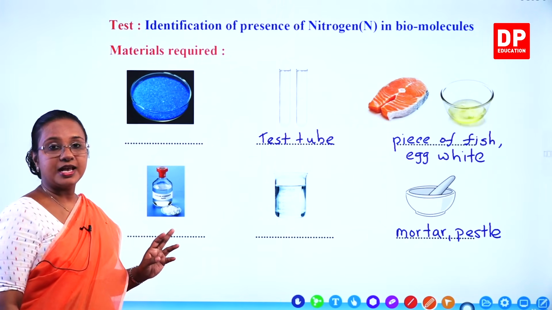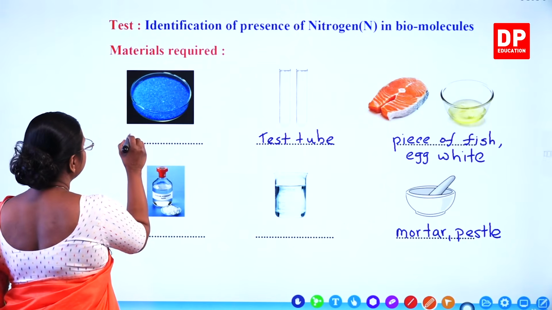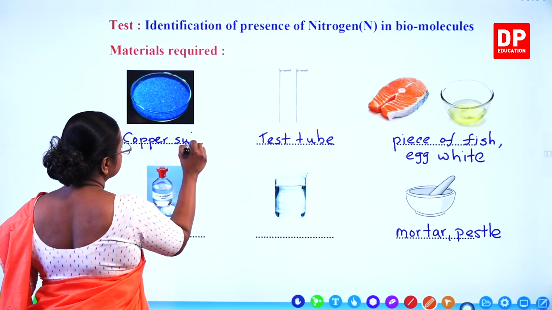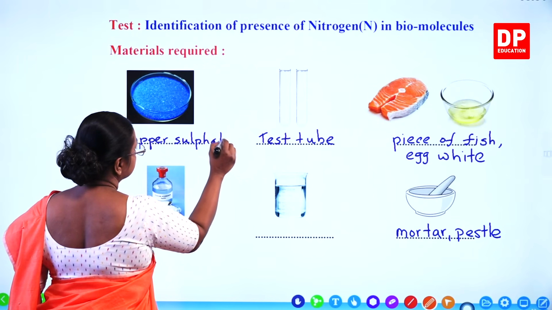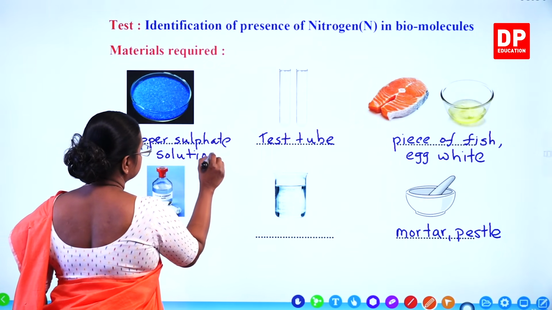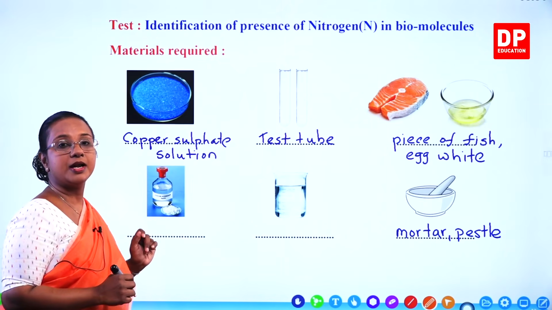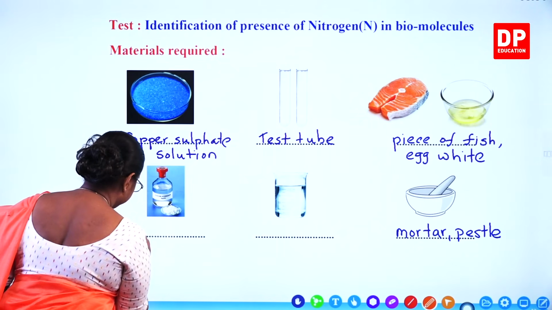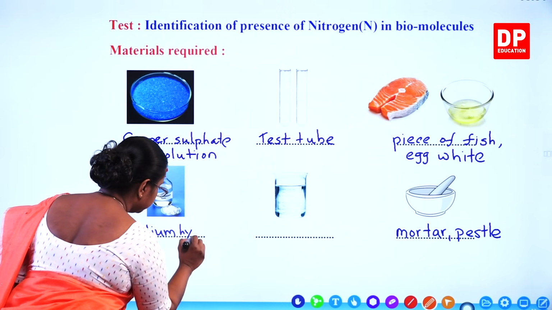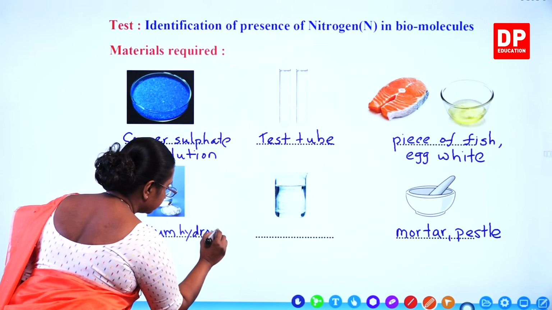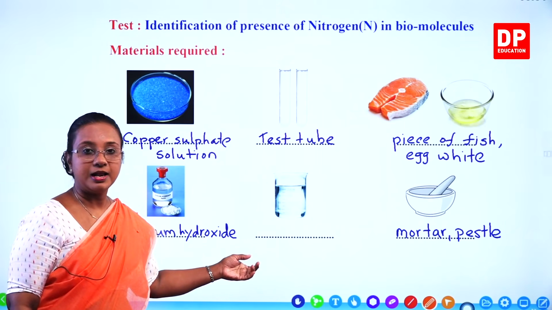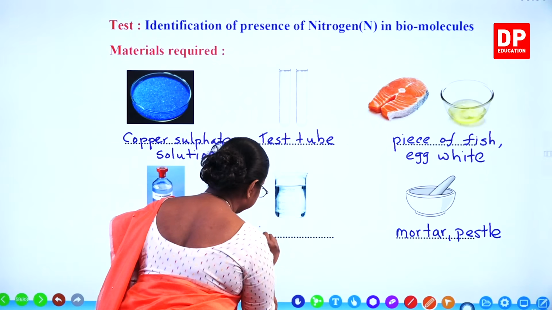The reagents that are needed are copper sulfate solution and sodium hydroxide solution. And to make the food pulp, we needed water.